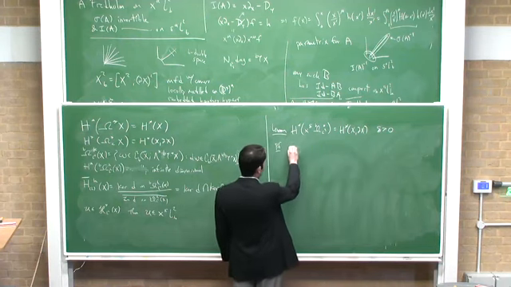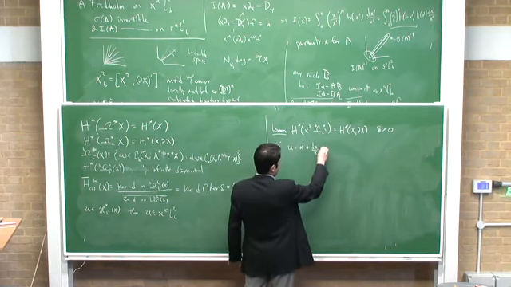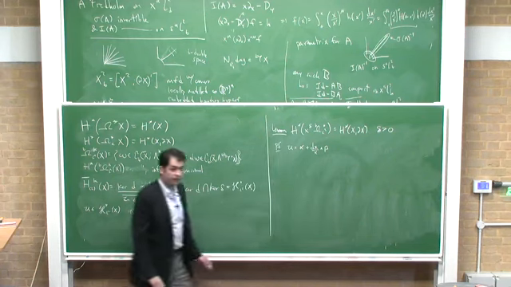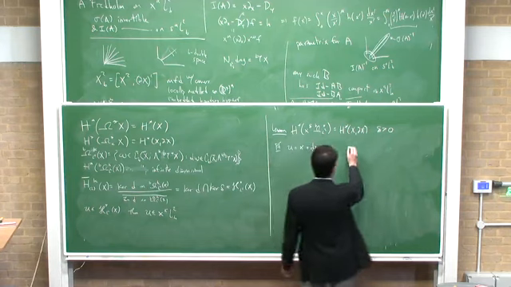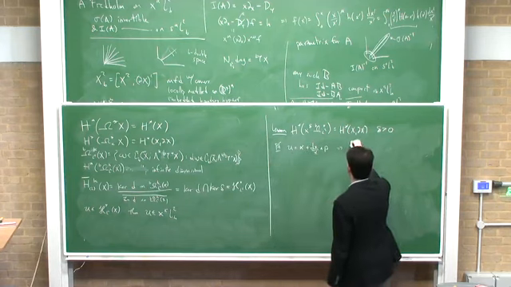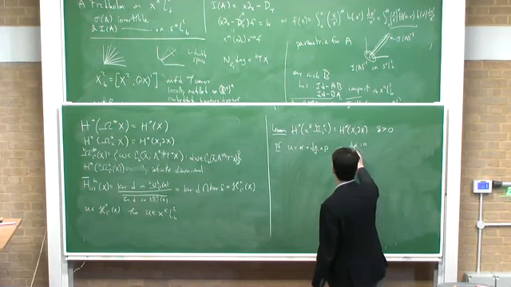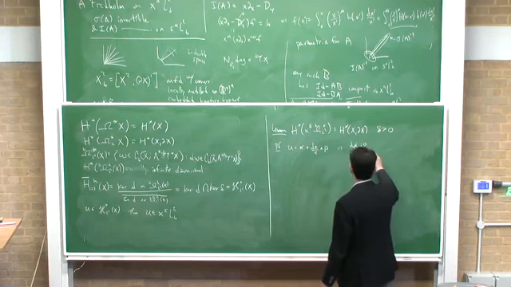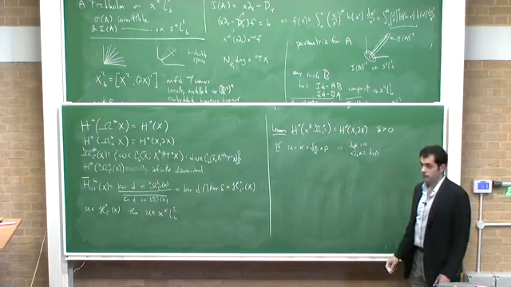The point is that if you have a form near the boundary like this, and you know that it's closed, then closed tells you that d_y alpha is equal to 0, and x d_x alpha is equal to d_y beta.